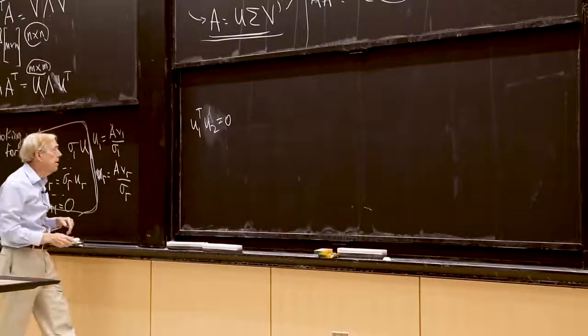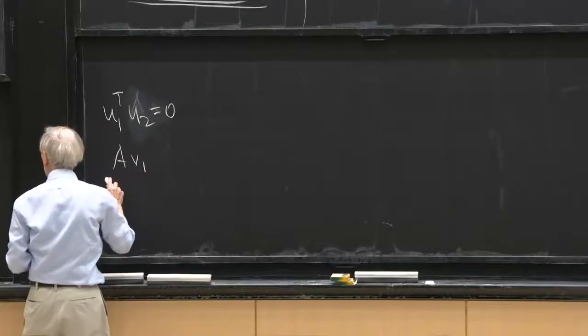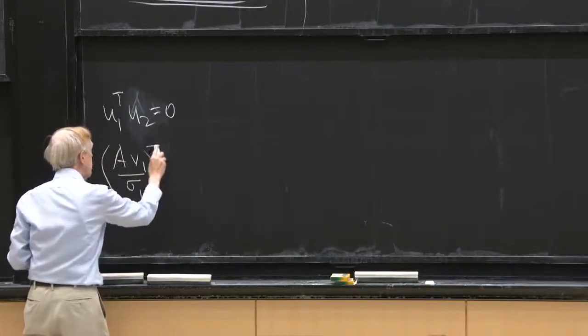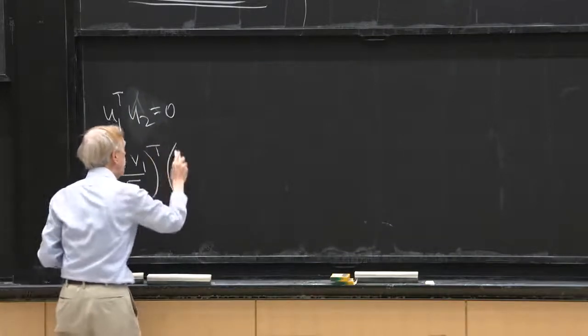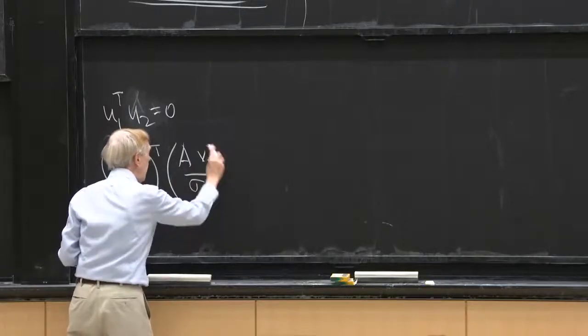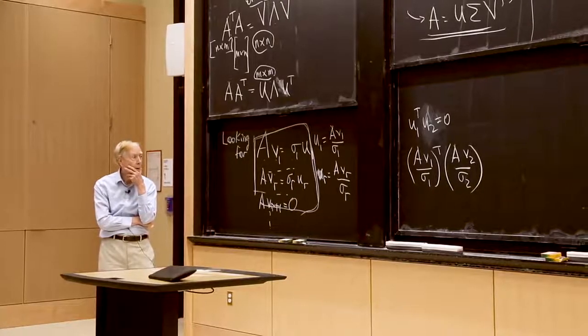Okay, so U1 is A V1 over sigma 1, that's transpose, that's U1. And U2 is A V2 over sigma 2. And I want to get 0. The whole conversation is ending right here. Why is that thing 0?